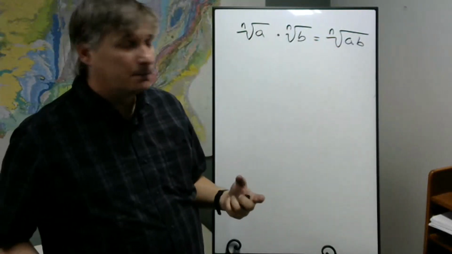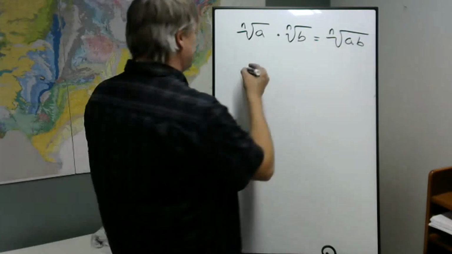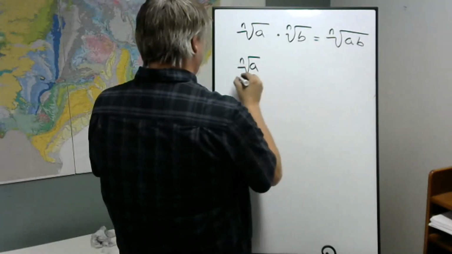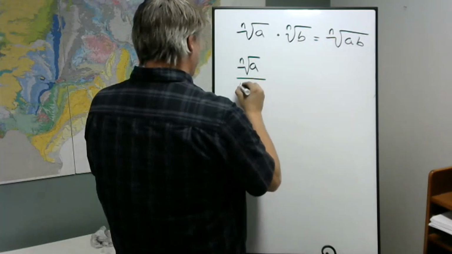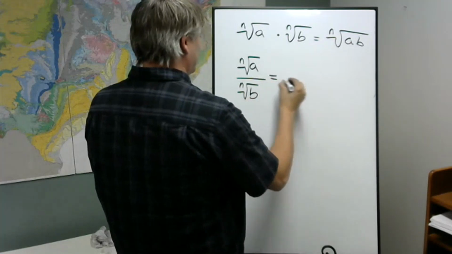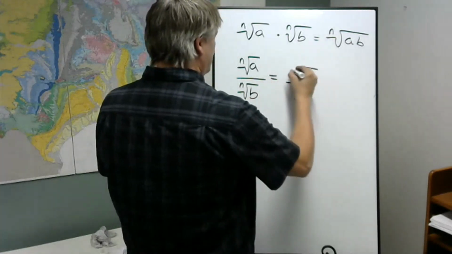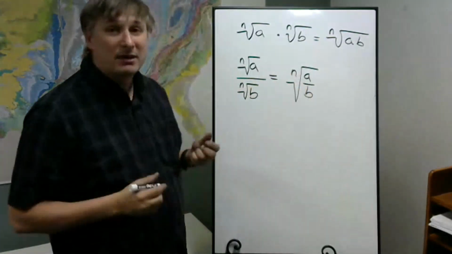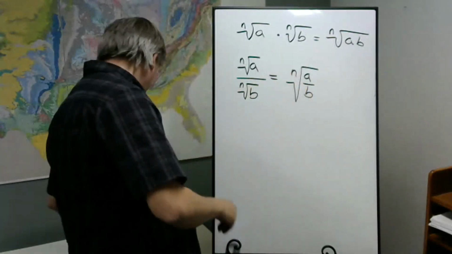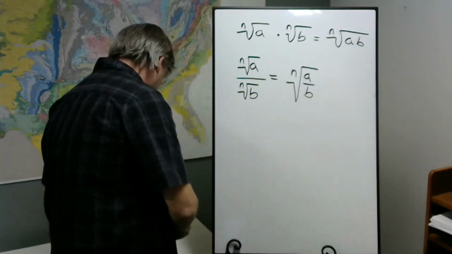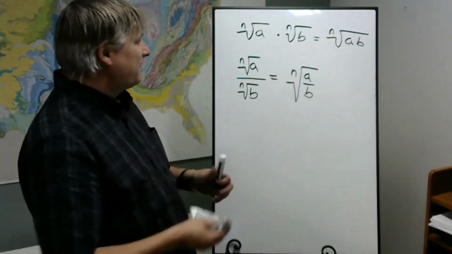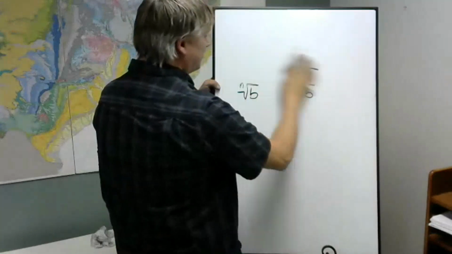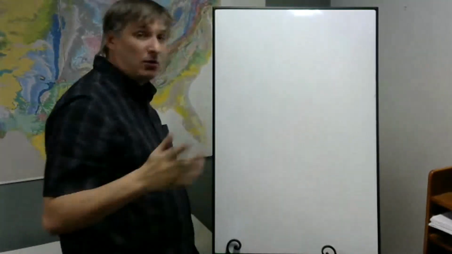They have to be the same root. Likewise, the nth root of a over the nth root of b, again, you can bring these together under the same nth root. That's a special case. And again, that's when the roots are all the same.